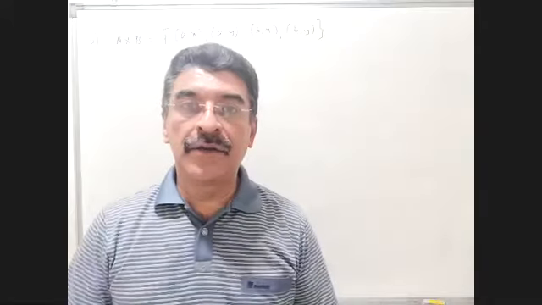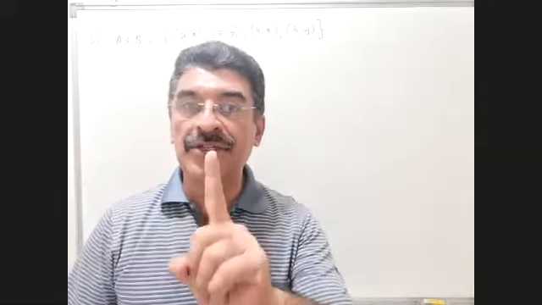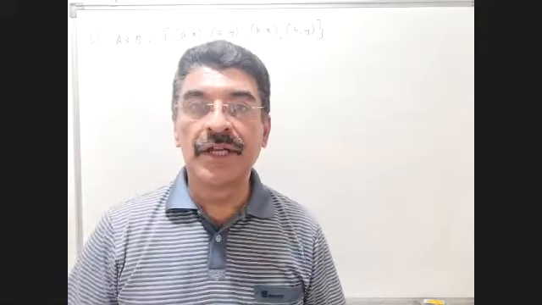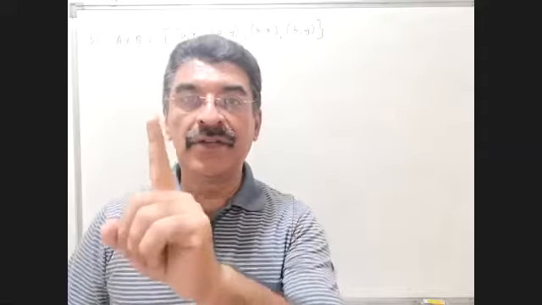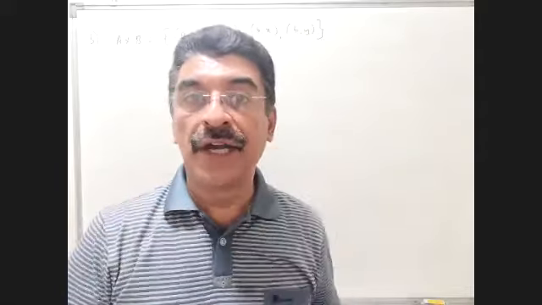The definition of A cross B is the set of all ordered pairs where the first element is taken from set A and the second element is taken from set B. So the elements in A will be the first elements in those ordered pairs.